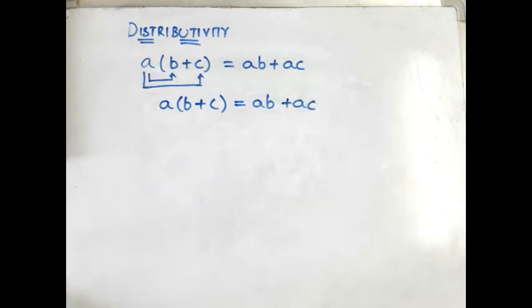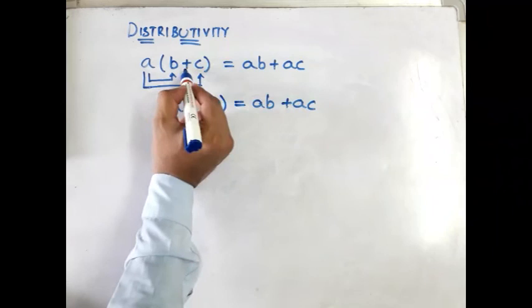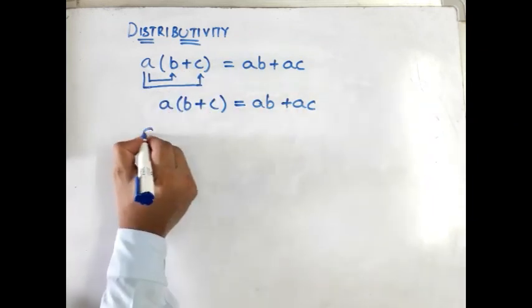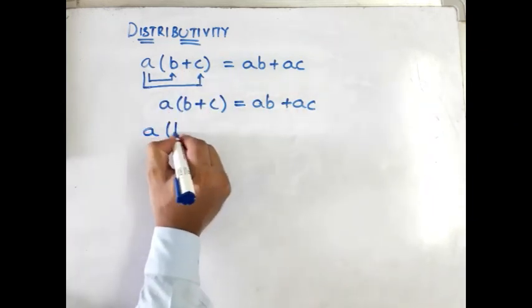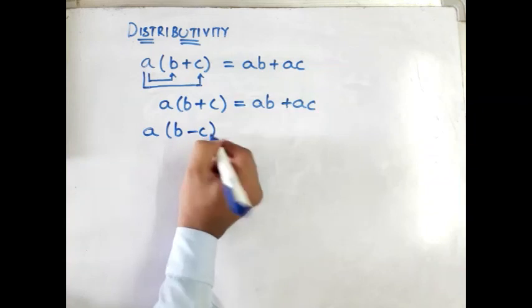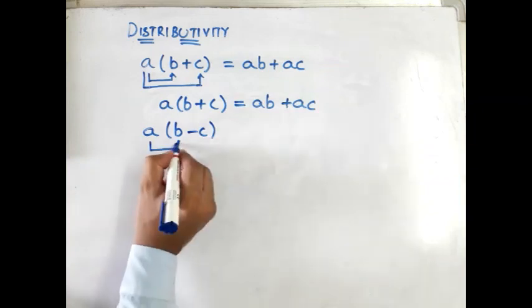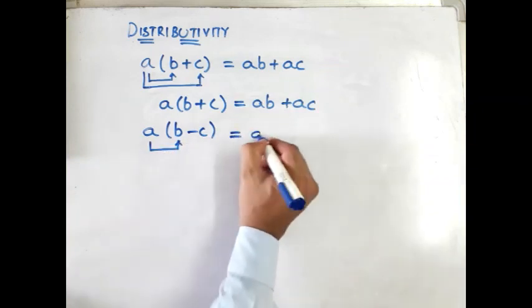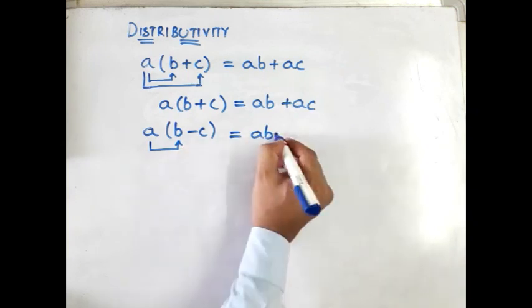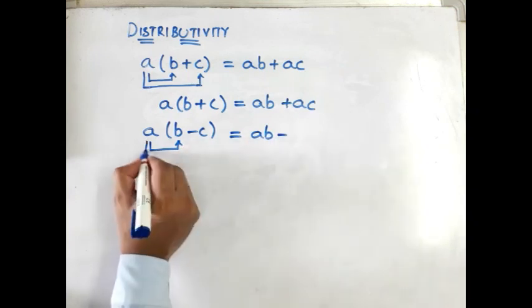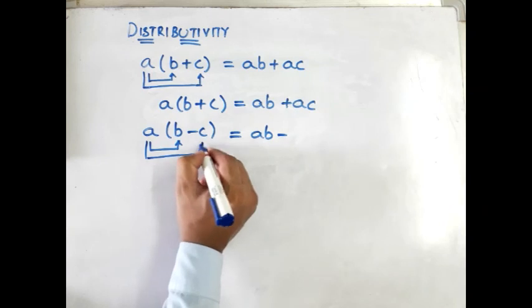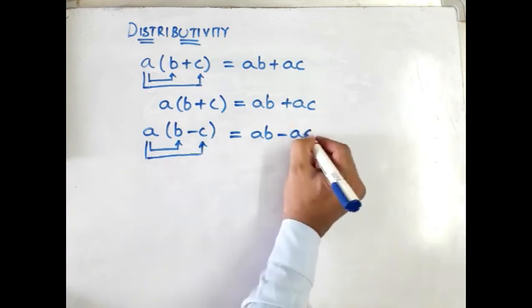Okay. This is distributivity under addition. Just like the addition we can take subtraction also, a into (b minus c). So a into b, first term, that is ab. This binary operation comes as it is, minus. Next, a into c, ac.